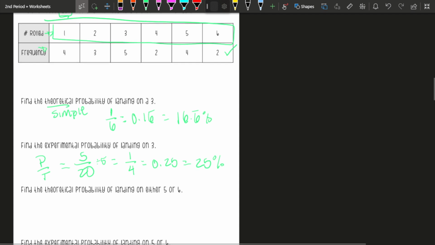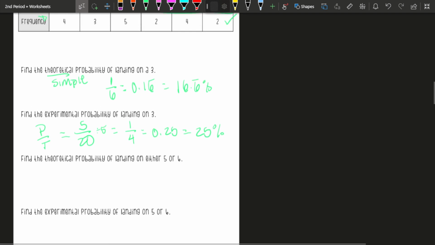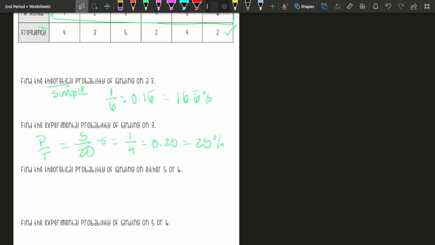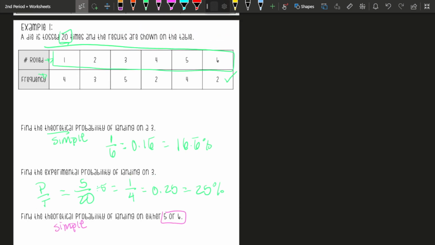Okay? We're going to do 2 more right here for theoretical and experimental. So it says theoretical. What is the probability? Again, theoretical is just simple. We're just looking at the dice by itself, for landing on a 5 or 6. We're just looking at the top.